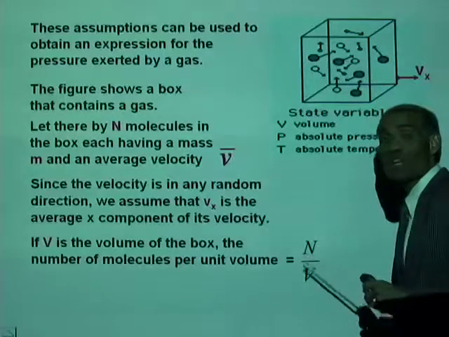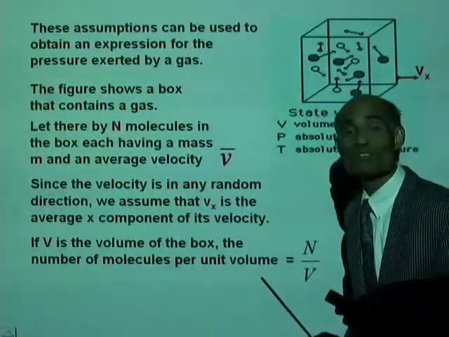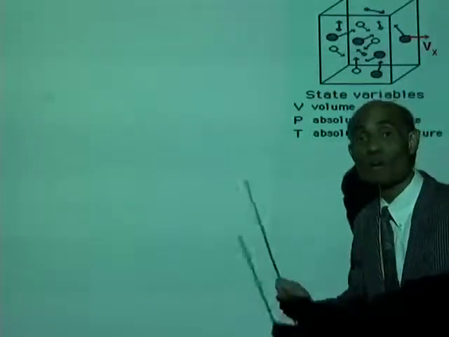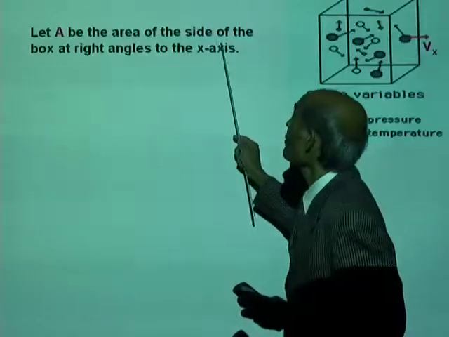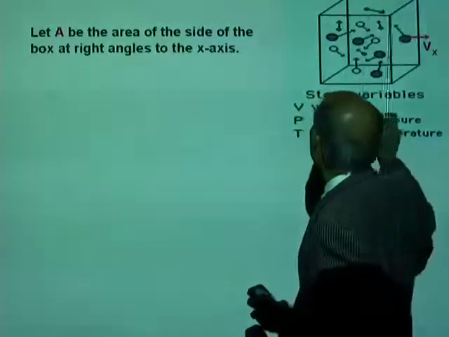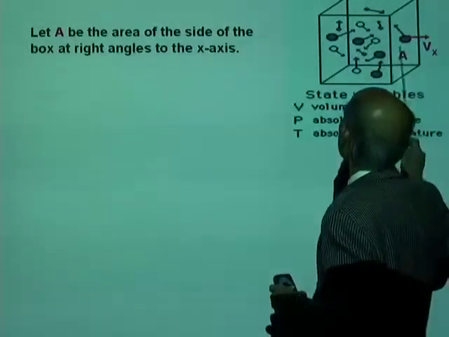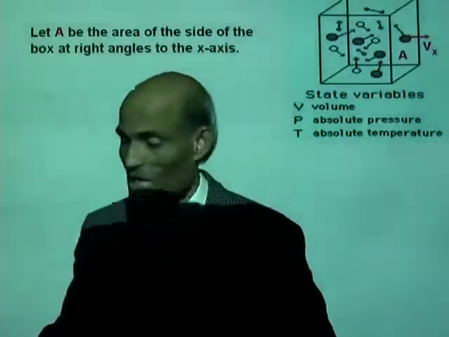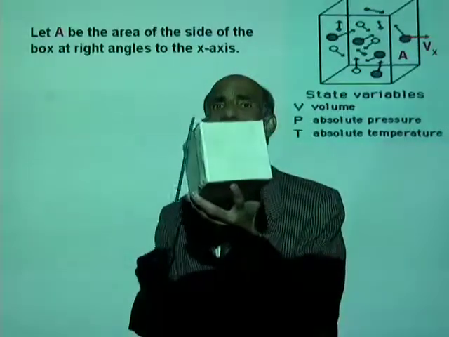It will be n over V. N over V now represents the number of molecules per unit volume. Let A be the area of the side of the box on the right. Just like the box I showed you, this area is A.